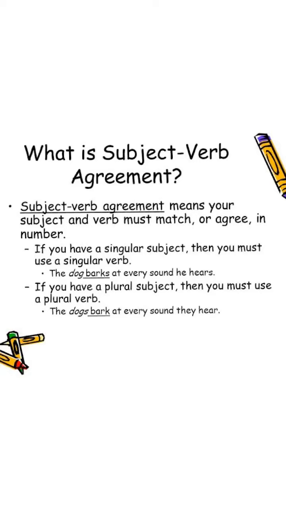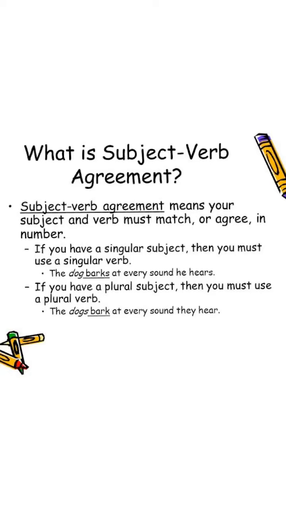Children, I want you to write this in your copy, this picture, whatever you see here. What is subject-verb agreement? Subject-verb agreement means your subject and verb must match or agree in number. If you have a singular subject, then you must use a singular verb. The dog barks at every sound he hears.